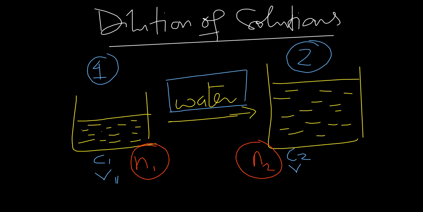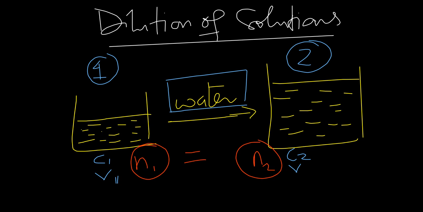So in the first solution and the second solution, the amount of sodium chloride should be the same. The only thing you did was to add water in order to dilute the first solution. But the quantity of the sodium chloride in the solution didn't change. So it will be the same in solution 1 and solution 2.